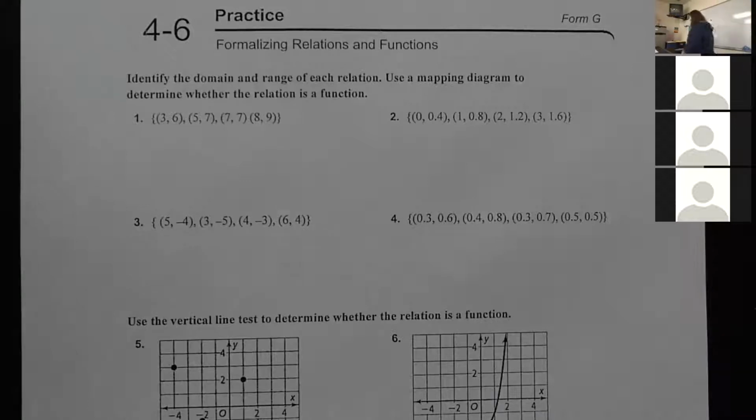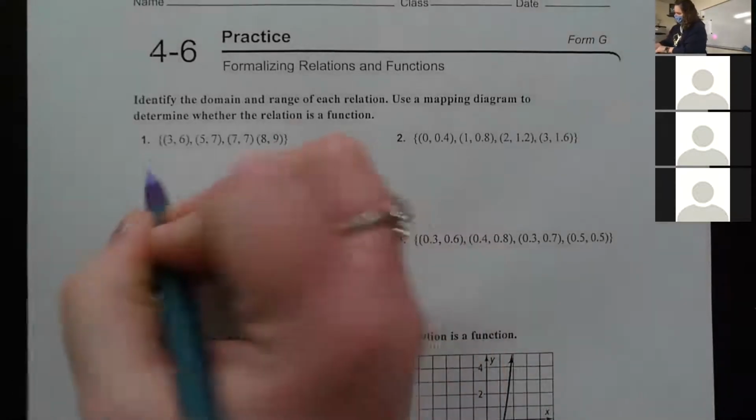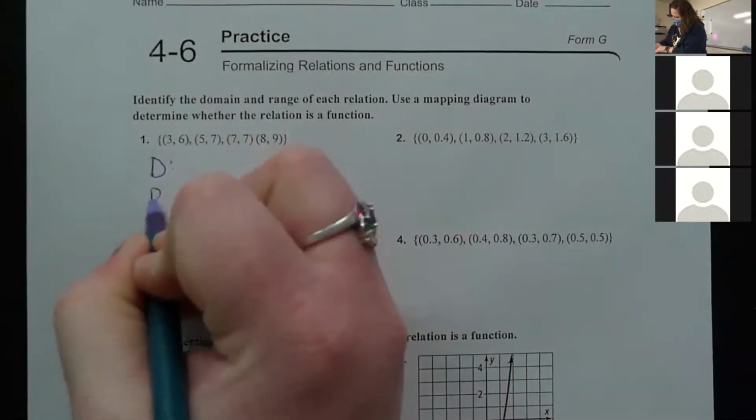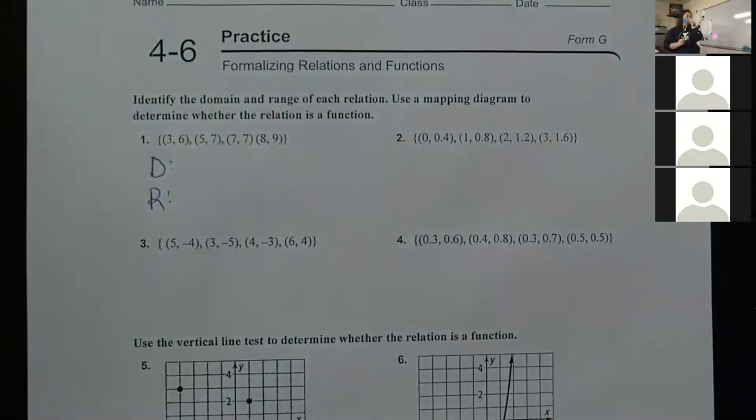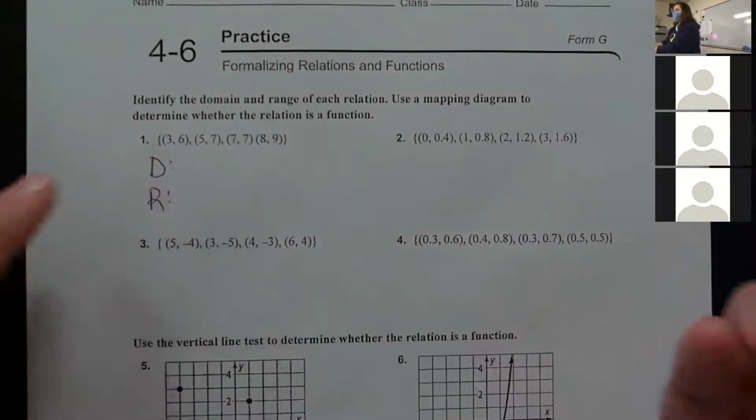Okay? Let's take a look at 4.6. This is what you're doing on your stay-at-home day. It says identify the domain and range. So I need to list my domain and I need to list my range. Remember, domain is your input, your X's. So on the first one, which one's your X?